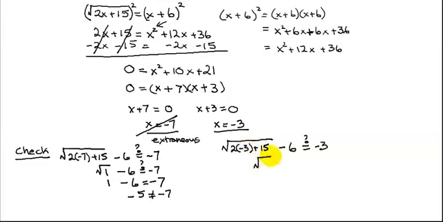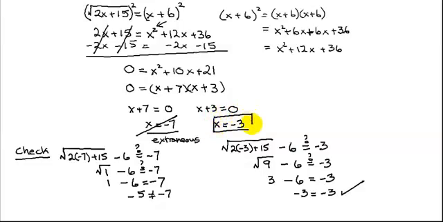Negative 6 plus 15 is positive 9. So does 3 minus 6 equal negative 3? Does negative 3 equal negative 3? Yes. So what is my solution to this radical equation? It has one solution, x equals negative 3.